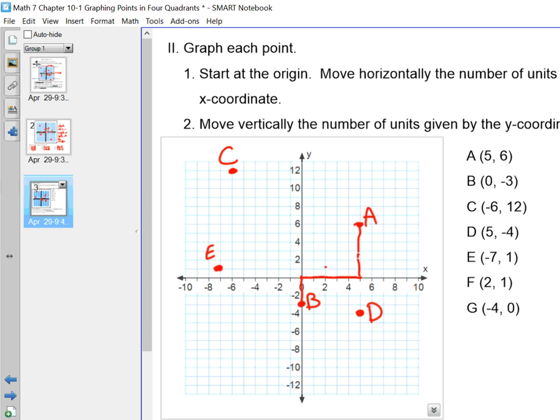F is going to be 2, 1 in quadrant 1. And G would be located on the x-axis at negative 4, 0. How did you do? Could you place E, F, and G?